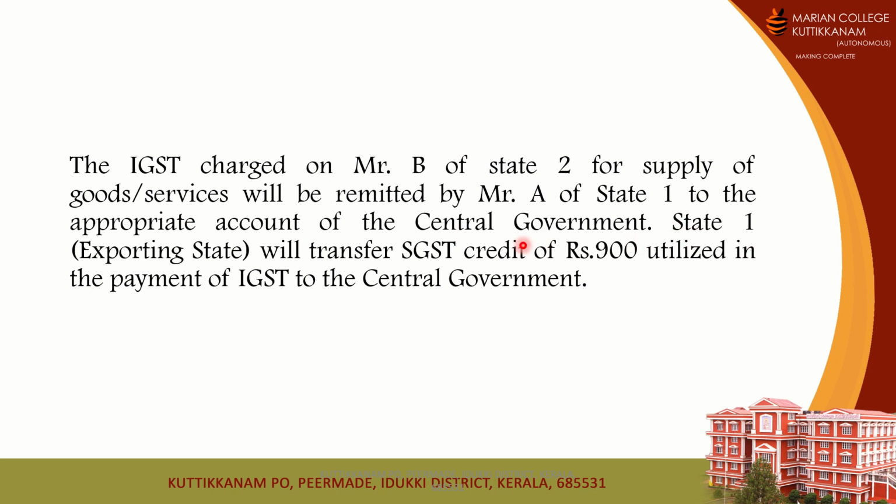And state 1 is the exporting state where Mr. A belongs. State 1 will transfer SGST credit of rupees 900 utilized in the payment of IGST to the central government. Okay. So this is the case when interstate supply occurs.